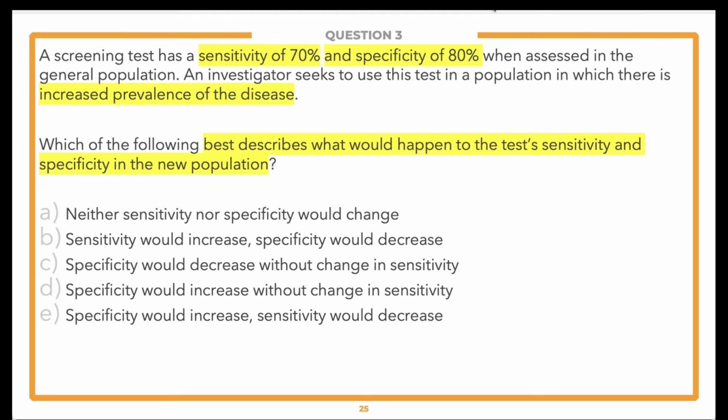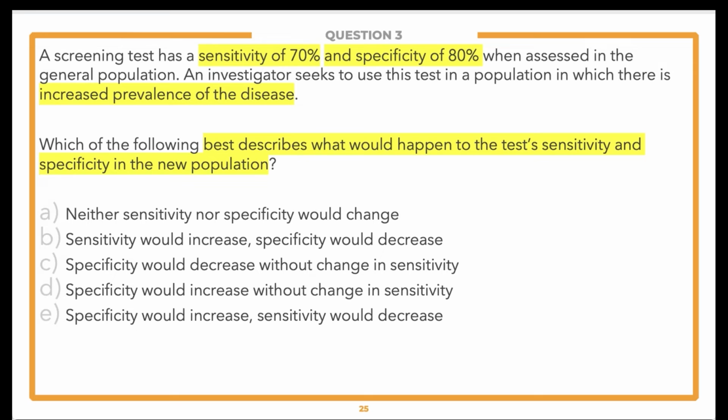So if I'm talking about a disease as common as the flu versus a test for something as rare as Ebola, there are different spectrums to the situation, but regardless of how prevalent the disease is, neither sensitivity nor specificity will change.